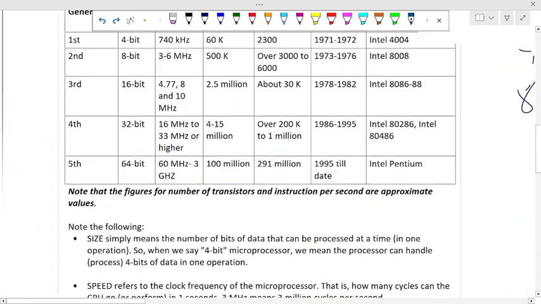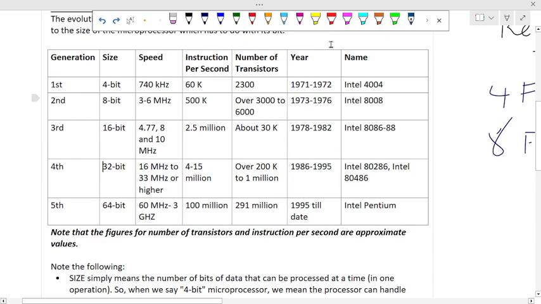Okay, so in this table, where we really hold the change is these guys, the size. Of course, as you increase the size, we have higher speed here. Speed just means how fast your computer is.